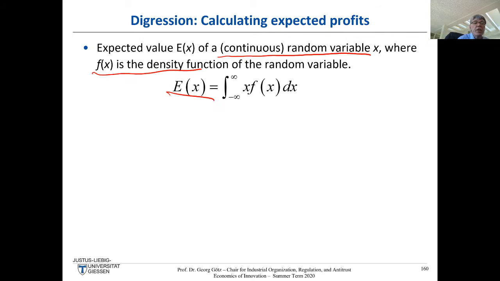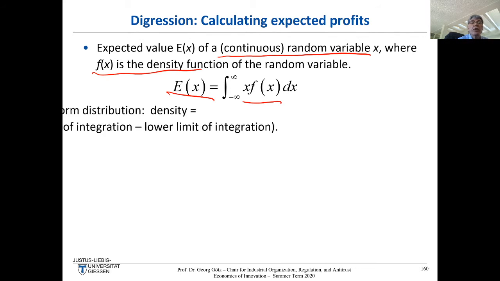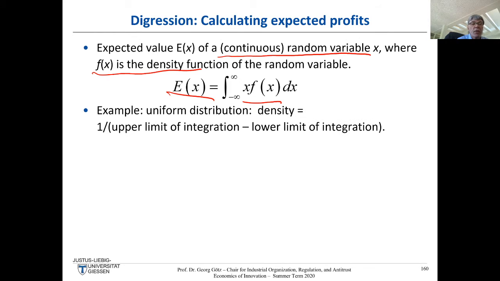It's simply this integral from minus infinity to infinity, where you multiply the value of the random variable with the value of the density, and you get the expected value. In the case of the uniform distribution, which is particularly easy because the density is very straightforward, it's 1 over the upper limit of integration minus the lower limit of integration.